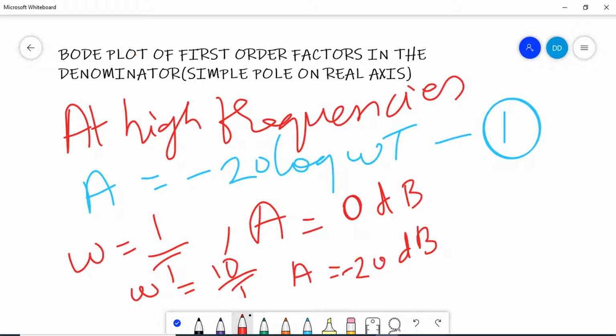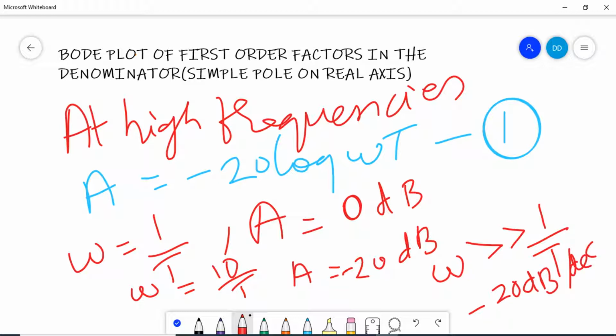So the value of minus 20 log omega T in decibels decreases by 20 dB for every decade of omega. So for omega greater than 1 by T, the log magnitude curve is a straight line with the slope minus 20 dB per decade.